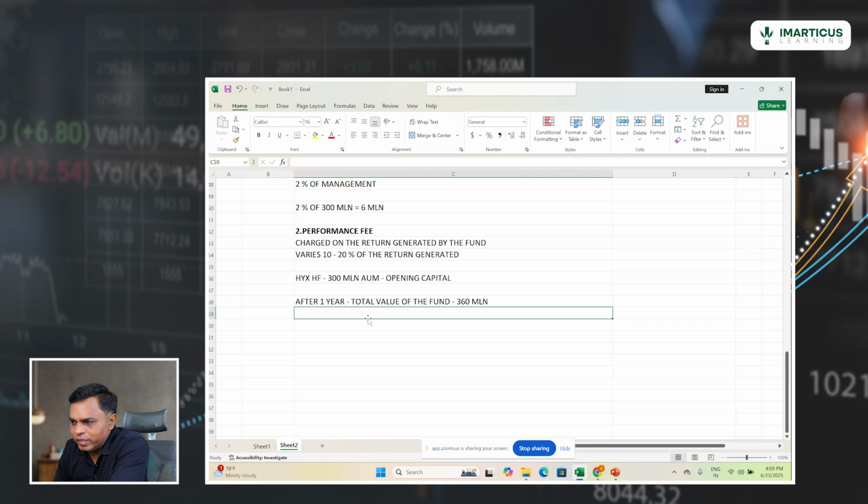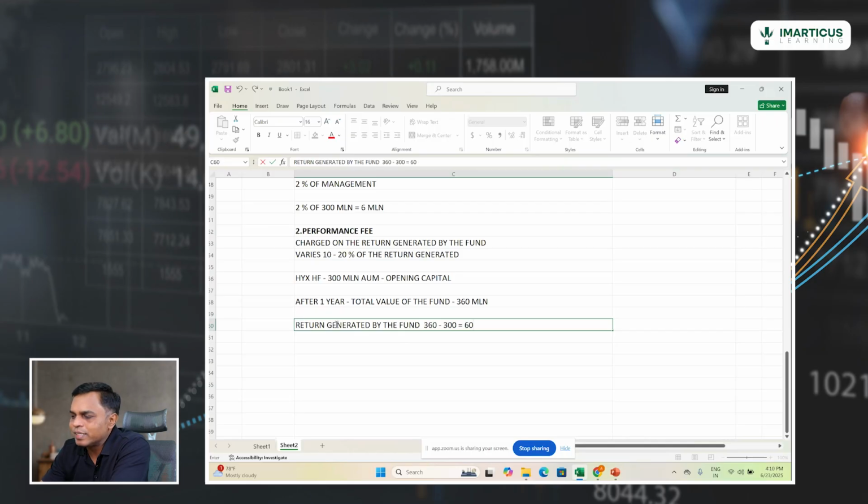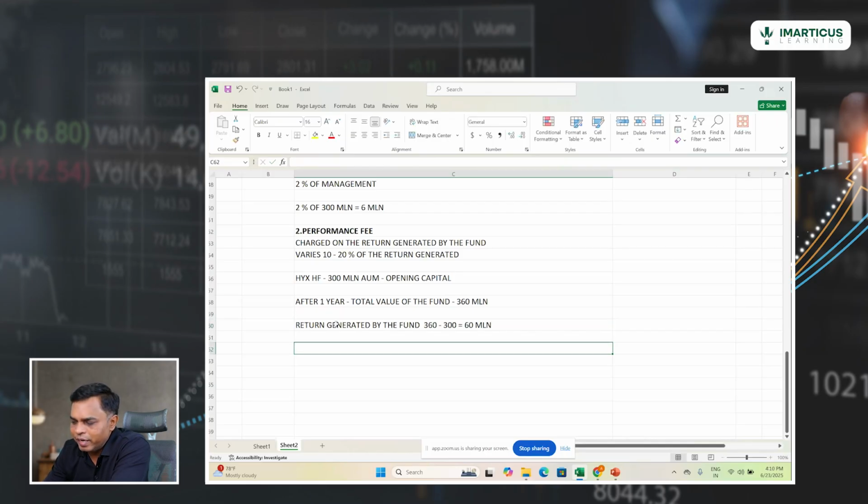So they started with 300 million and they ended the year on 360 million. That means the total return generated by the fund is 360 minus 300 million, which is equal to 60 million. So 60 million is the return generated by the hedge fund.